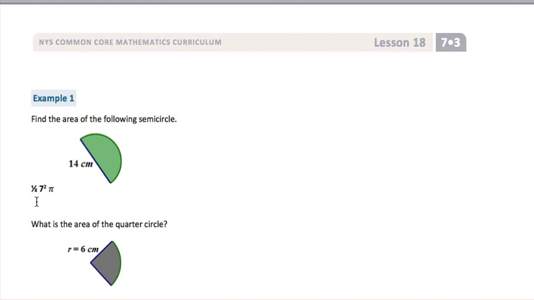We do the calculation. We end up with 24.5 times pi square centimeters, which is our exact measurement, or approximately 77 square centimeters, and I rounded to the nearest square centimeter.